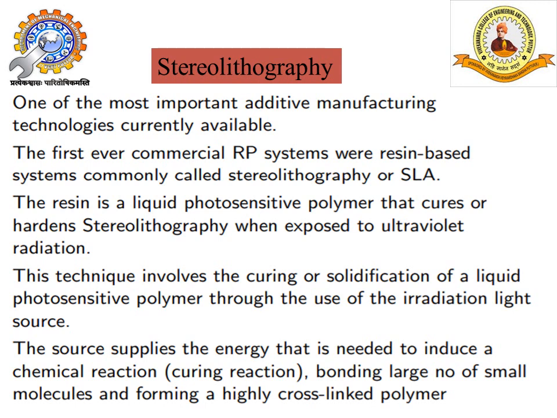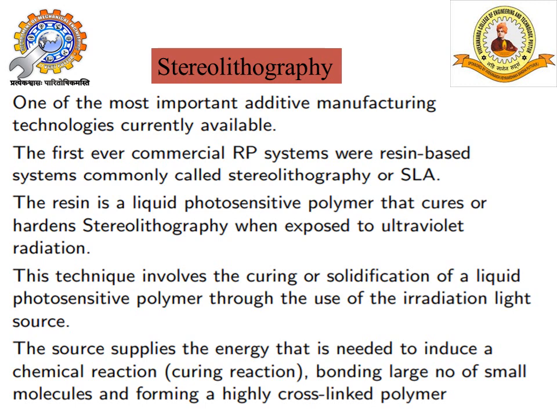In detail, stereolithography is one of the most important additive manufacturing technologies currently available. The first ever commercial RP systems were resin-based systems, commonly called stereolithography or SLA. SLA is the short form of stereolithography apparatus. The resin is a liquid photosensitive polymer that cures or hardens when exposed to ultraviolet radiation.